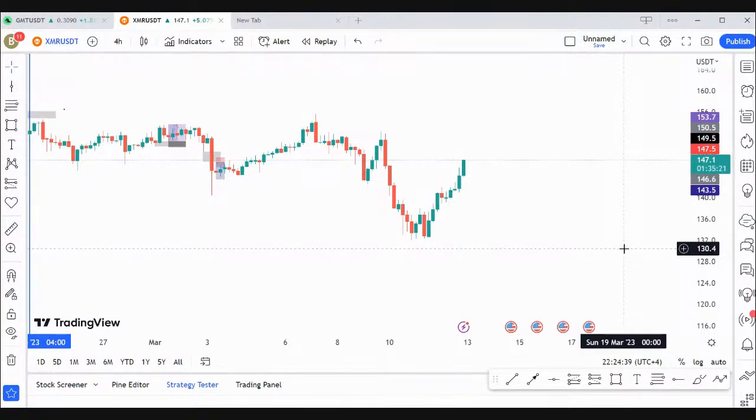So today's topic, we are discussing imbalance and FVG. FVG means fair value gap, and imbalance means an inefficient area where a coin or a dollar was sold off, creating a large candle.